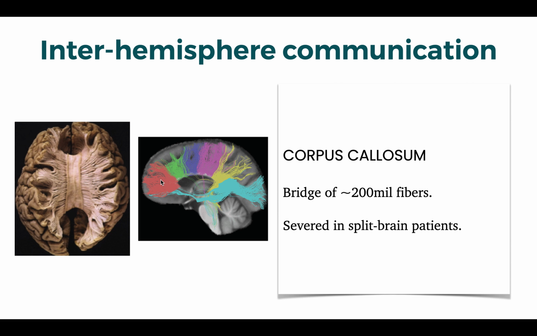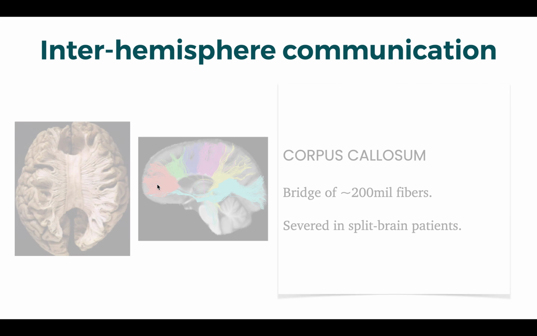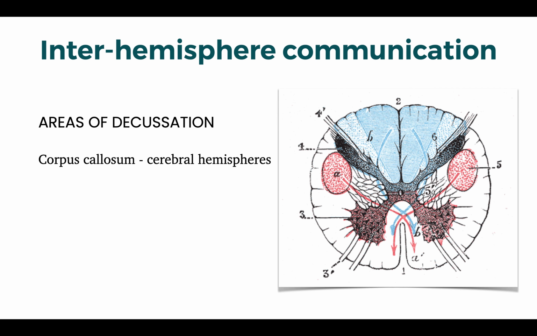Here you can see that they're divided. So there are different areas of the corpus callosum, and those different areas connect specific cortical regions. This is the fiber tract, the structure that's damaged in split brain patients, which we will talk about in the next video.